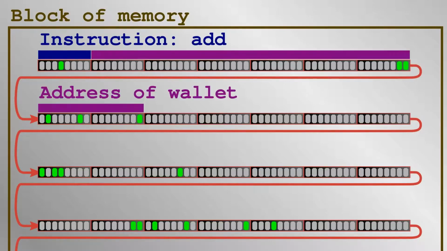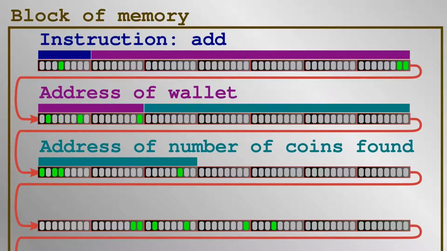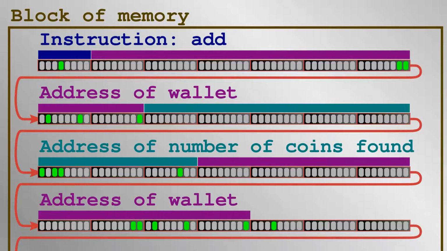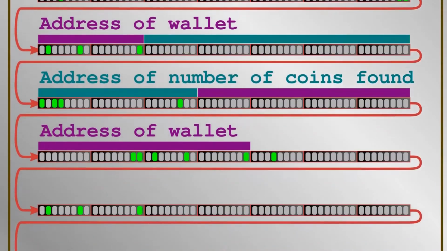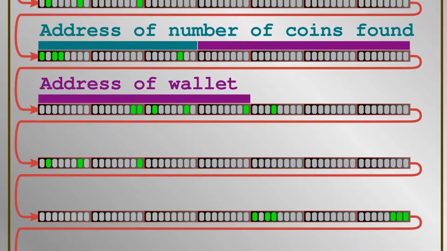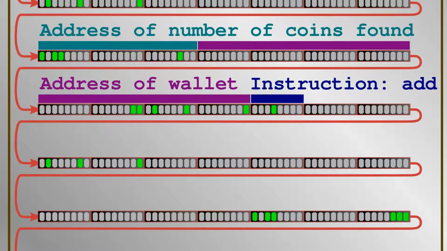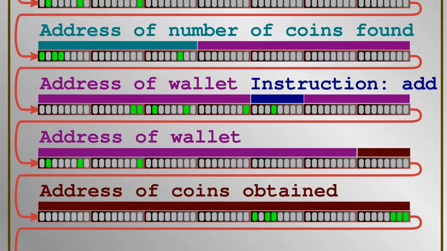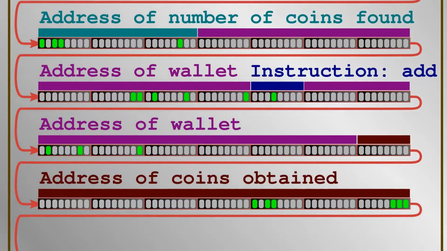Then come two addresses: the address of the wallet total and the number of coins the player has just found. The third address is the wallet again. After the addition, the wallet total will be overwritten. No matter what, the computer will now interpret byte number 25 in memory as an instruction. It is another add instruction, the addresses of the wallet and an amount of coins the player has made from selling items, or the inputs.